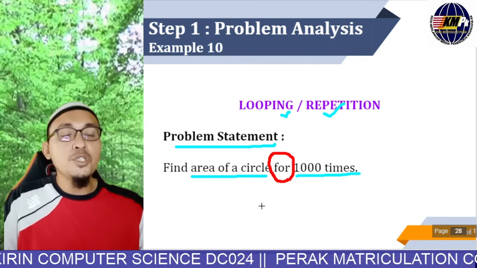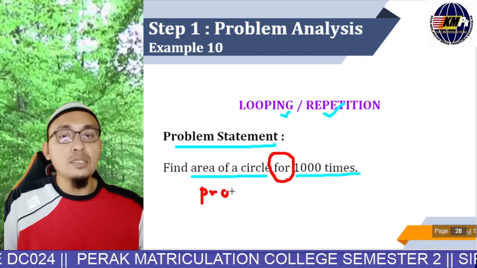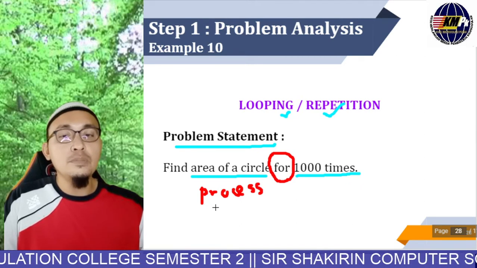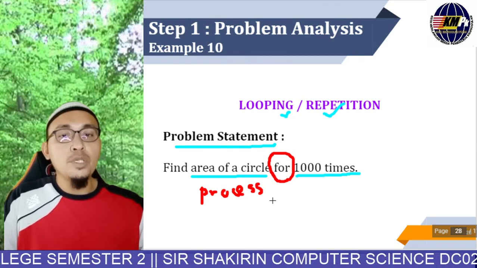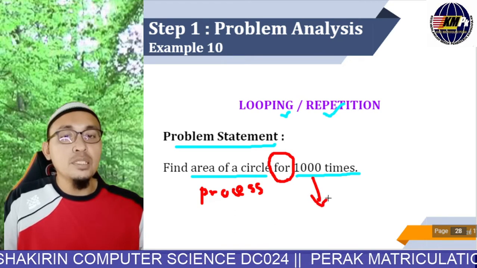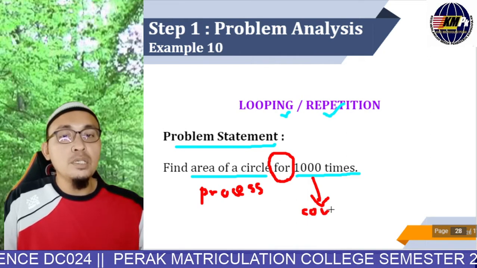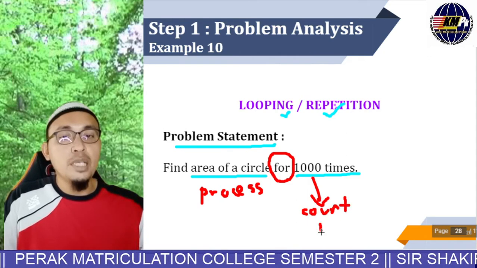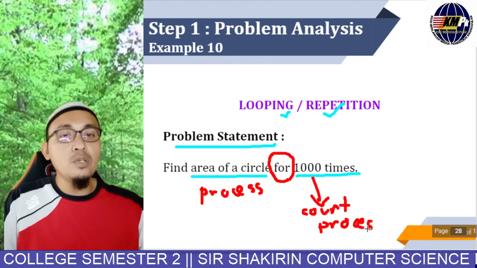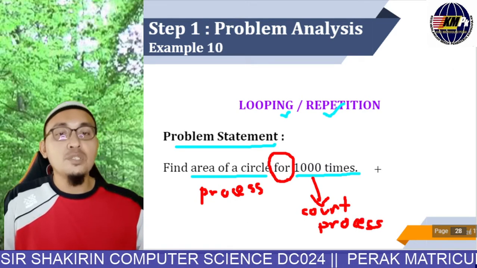The "for" here shows that the process of area of circle, meaning the calculation for area of circle, is going to be repeated for 1000 times. This 1000 shows the count process, meaning that after the 1000 times, the repetition will stop.